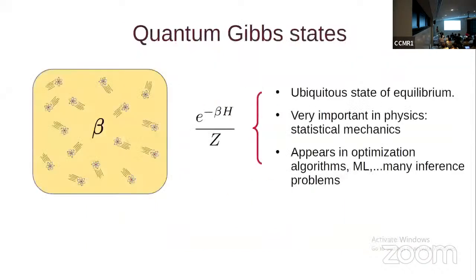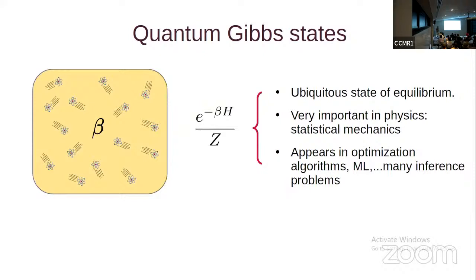If you don't know what quantum Gibbs states are, they're going to be the main actors, the protagonists of this talk. You're just given some Hamiltonian H and some inverse temperature beta, and you might want to prepare these quantum states for many reasons. They appear in physics, say in statistical mechanics, but also in some quantum algorithms, say for machine learning, for optimization and so on.